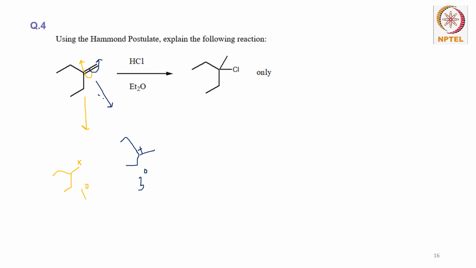Obviously the 3 degree path, so this will be favorable, this will not. And after the addition, we will get this one as our product.